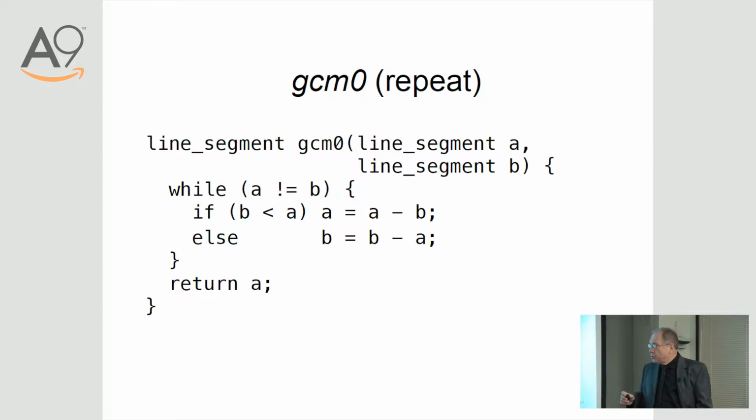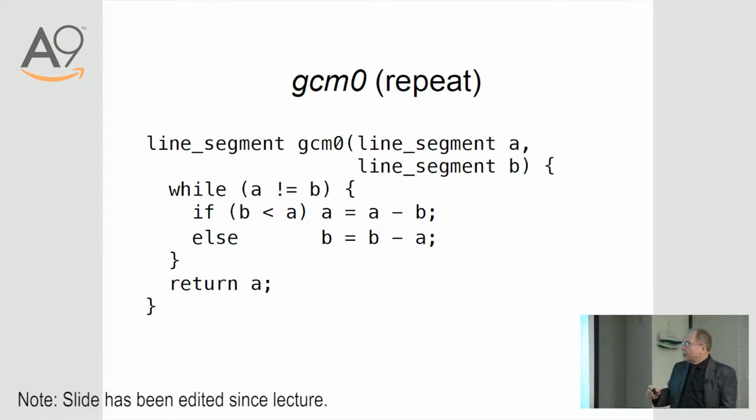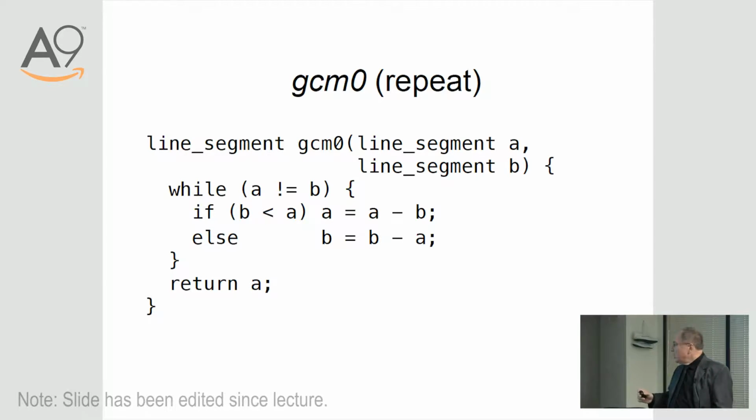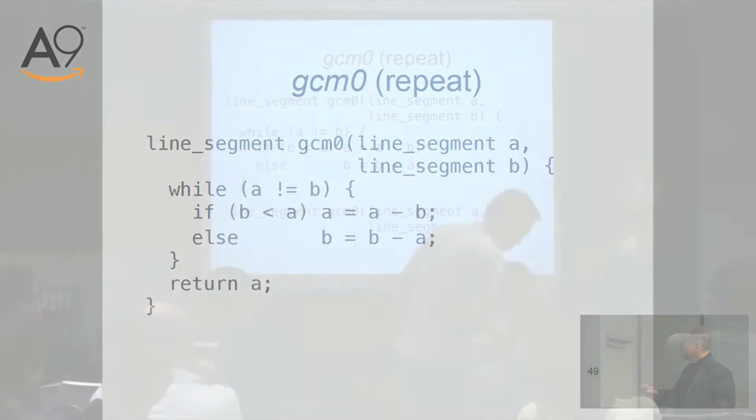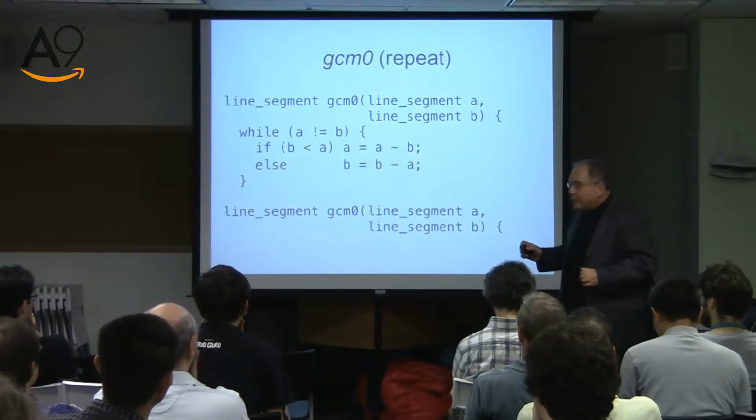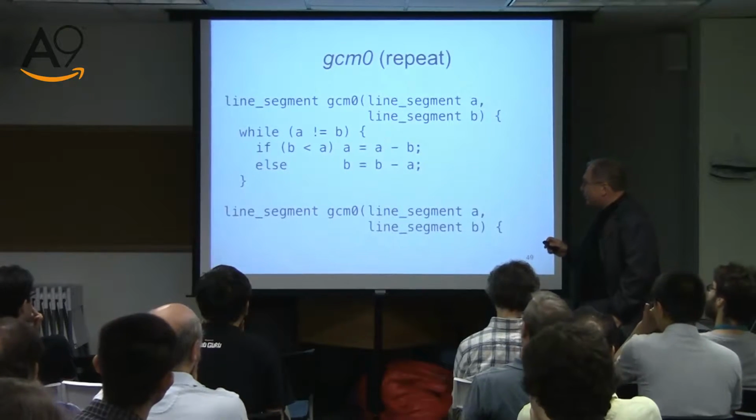Of course, I'm going to use somewhat different notation. It's not in Greek, but that's what we had. So this is a rewrite of the code which we had, which will help us to derive a faster version.